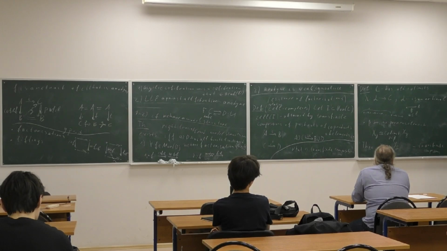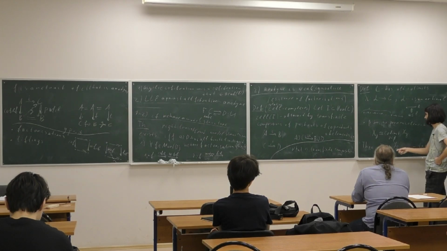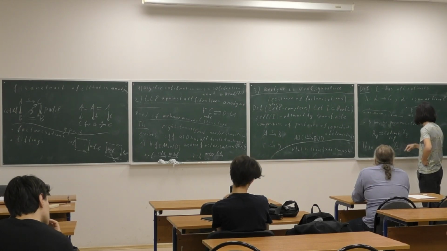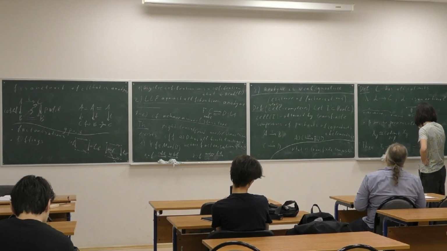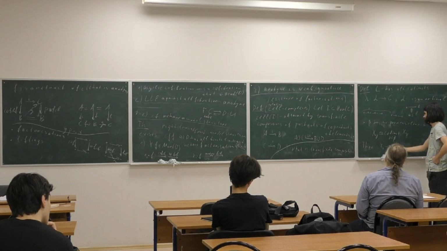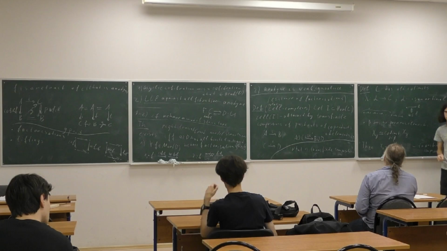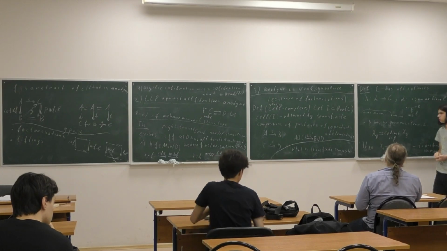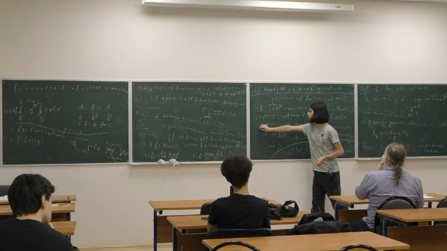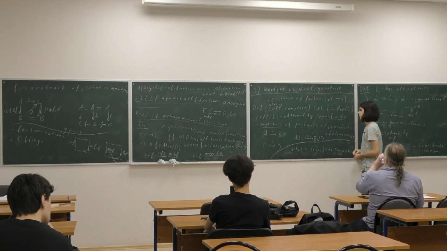Well, it is the co-limit of those that are to the left, but if alpha is not a limit ordinal, then we must write just x alpha. Okay. So it is what transfinite composition is.